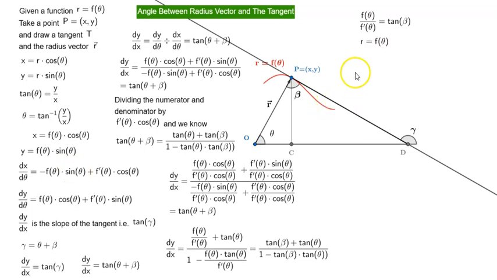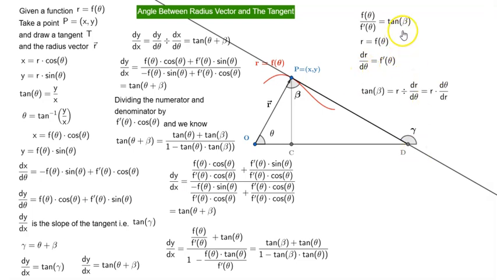Now let's deviate a little bit. We know r is equal to f theta, and we need this f prime theta. If we differentiate r with respect to theta, we get dr by d theta is equal to f prime theta.